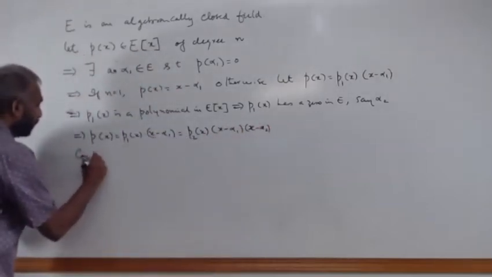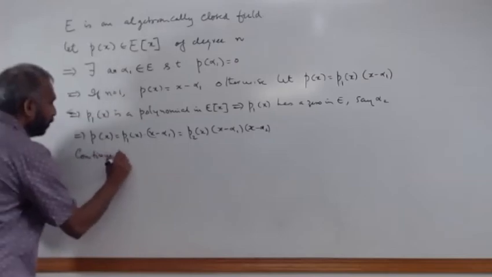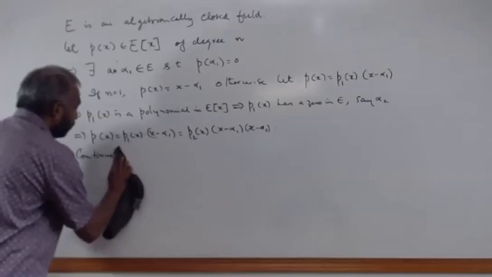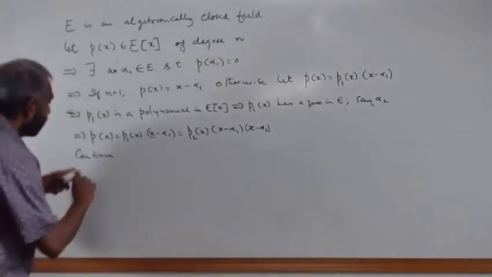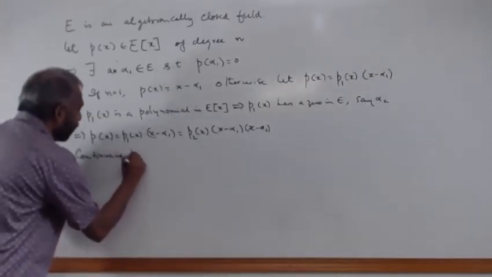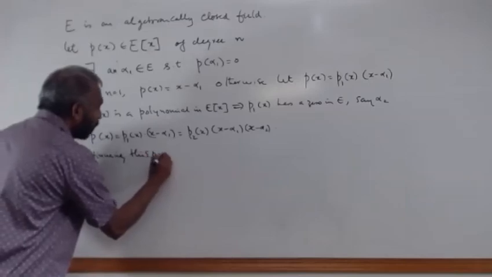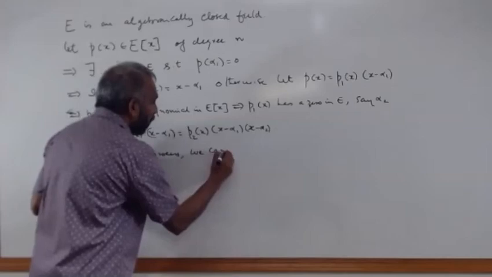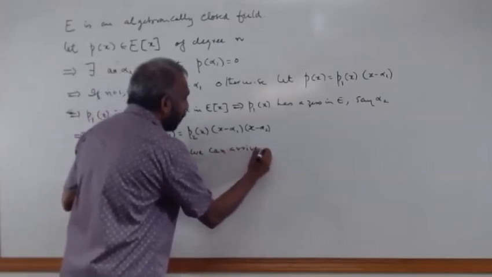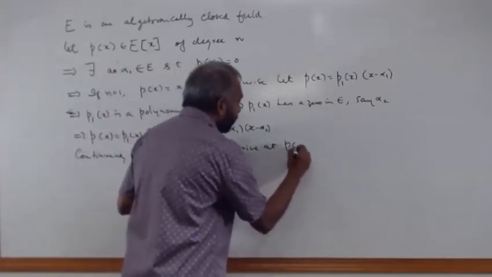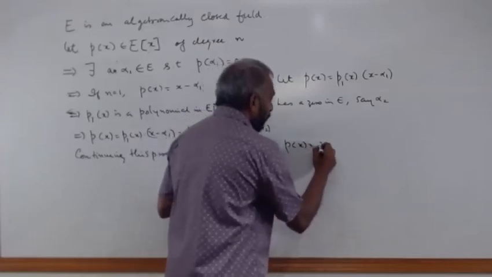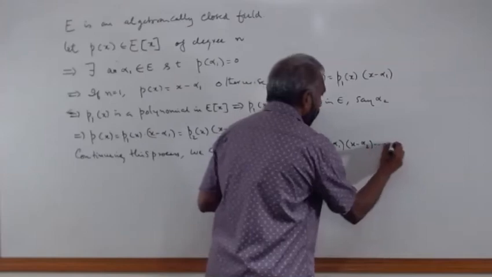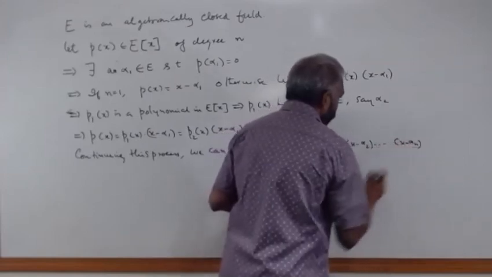Continuing this process, we can arrive at p of x is equal to x minus alpha 1, x minus alpha 2, ..., x minus alpha n.